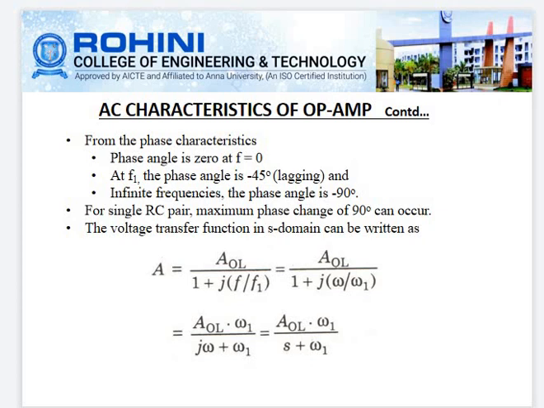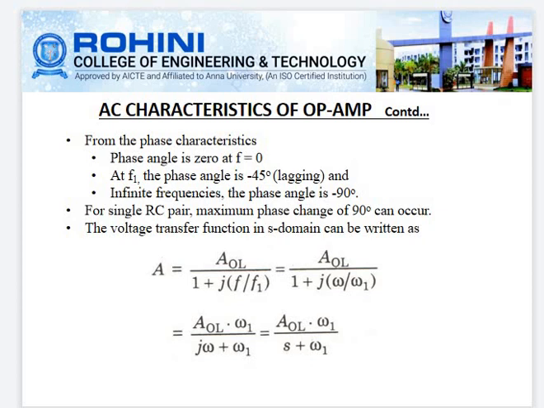The voltage transfer function in the S domain can be written as the gain A equal to open loop gain divided by 1 plus j F by F1, equal to open loop gain divided by 1 plus j omega by omega 1. So F is replaced by angular frequency omega. After simplification, the gain is equal to open loop gain into omega 1 divided by j omega plus omega 1.